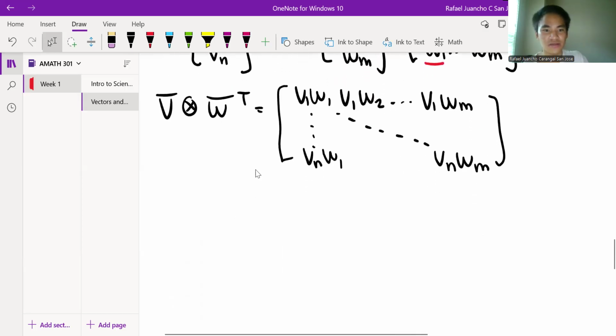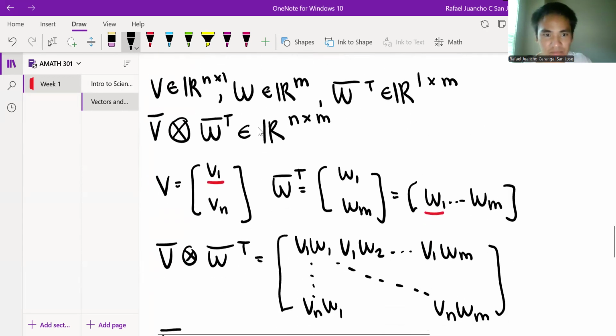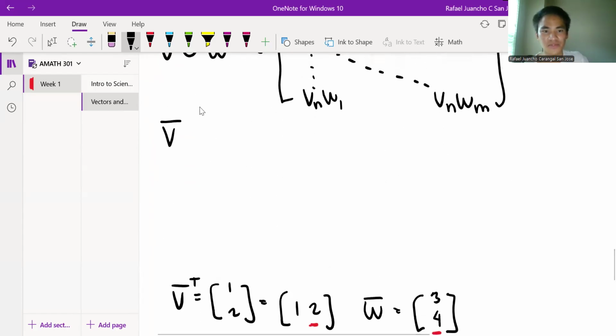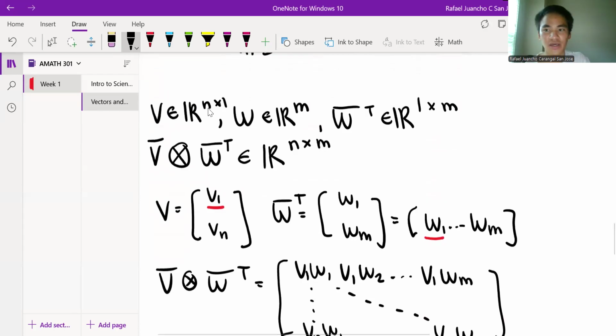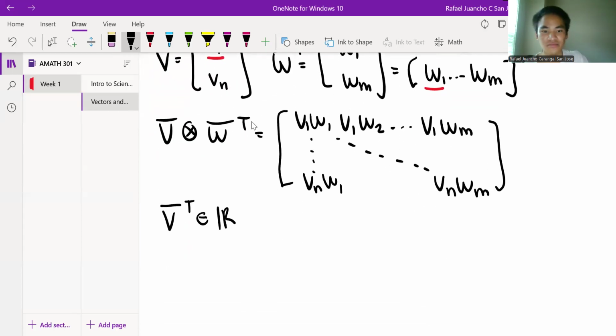Okay, so again, let's try it this time when we're transposing V. So if we transpose V, let's say initially it was n by 1. Now if we transpose that, then it's going to be 1 by n, right? And let's say our W stays the same. So our W has m rows by 1.